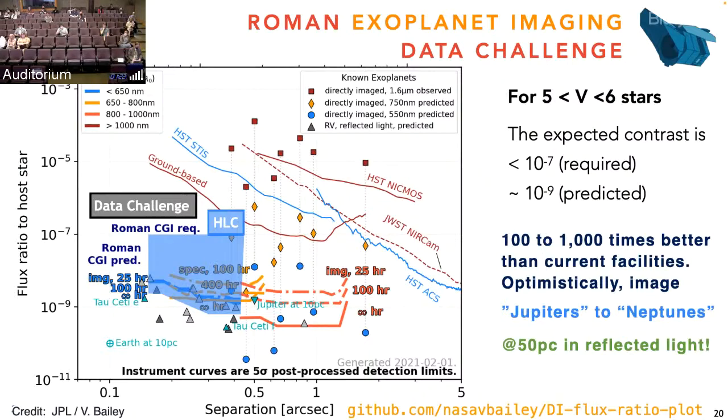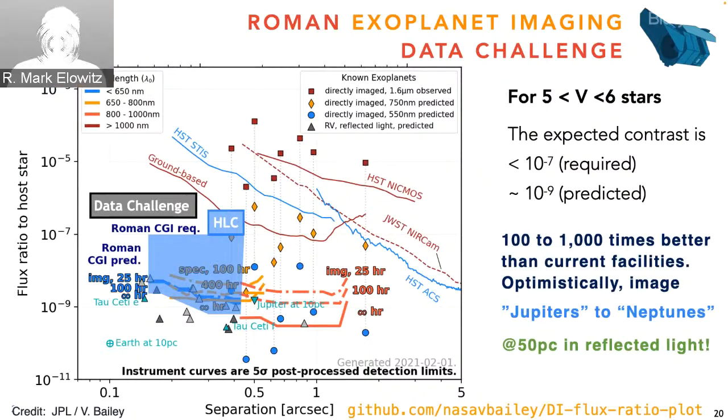I'm Mark Elowitz. Why are there no plans for a star shade instead of a coronagraph for Roman? I think this is a little bit above my pay grade, maybe. Maybe Dominic could answer better than me.